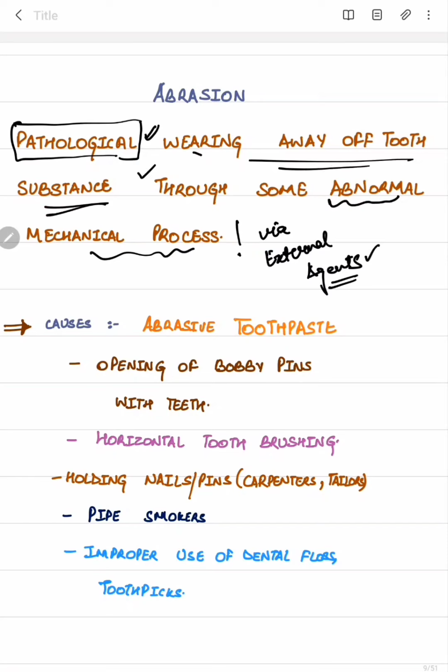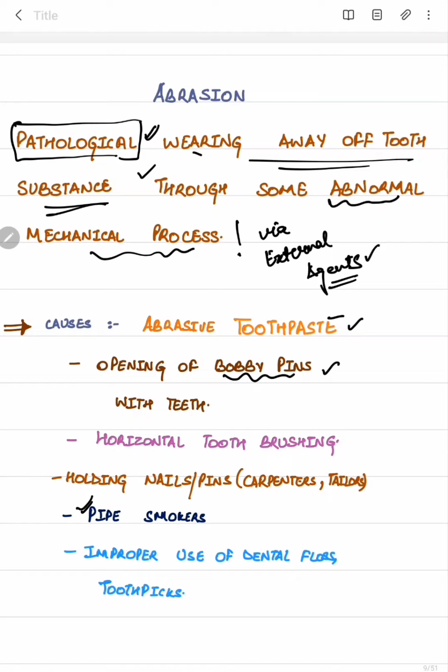So the causes of abrasion are such as abrasive toothpaste. So abrasive toothpaste is basically an external agent which will cause abrasion, right? So opening of bobby pins will also cause abrasion, right? Habitual pipe smokers, in these people you can see abrasion of the incisors, right?